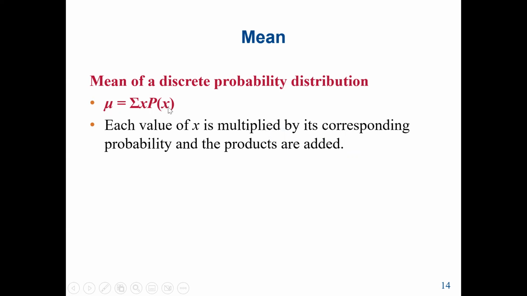For example, the score was 1, the probability of it was, let's say, 0.16. The score was 2, the probability of it was 0.14. So we multiply each score by its probability, plus the second score times its probability. So each value of x is multiplied by its corresponding probability, then the products are added together.